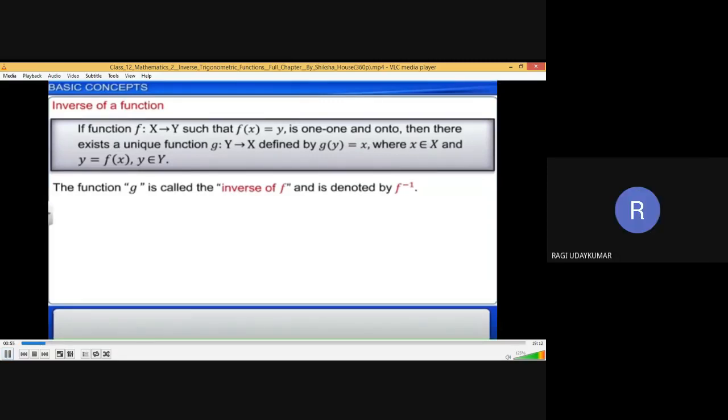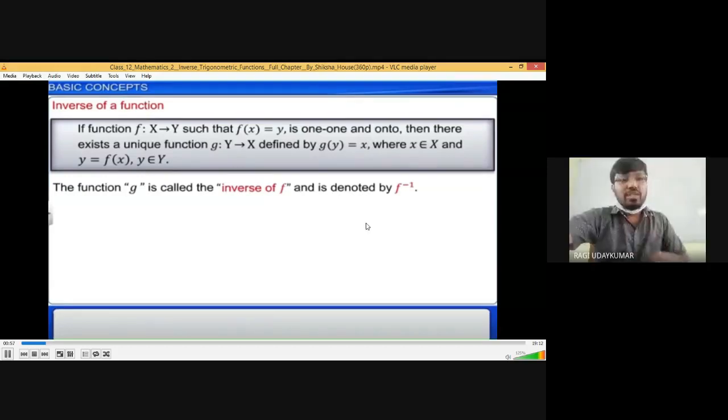Inverse trigonometric functions. If f is a function, its inverse will be denoted by f inverse. Like that, sine x is a function, f of x equals sine x, and its inverse is sine inverse of x.